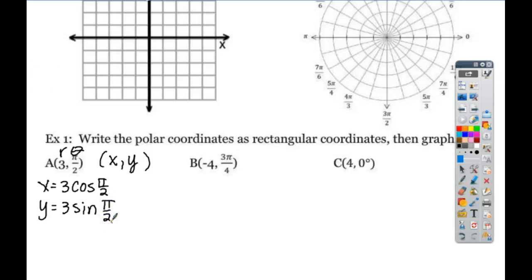So we have x equals 3 cosine of pi over 2, and y equals 3 sine of pi over 2.